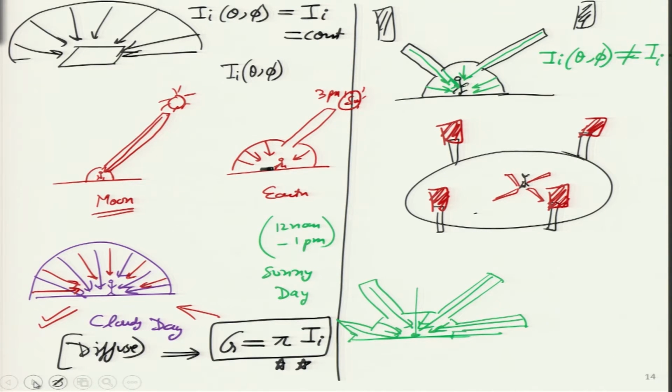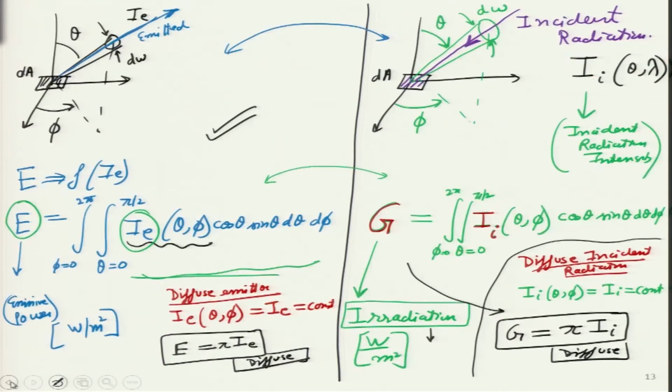Now, let us look at the third case. I will put these as cases over here. Case 1 was Ie, so I will write case 1. Then case 2 over here was for Ii.